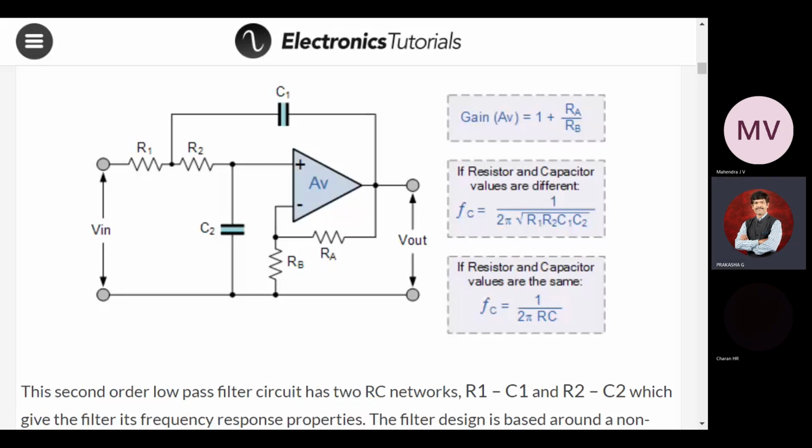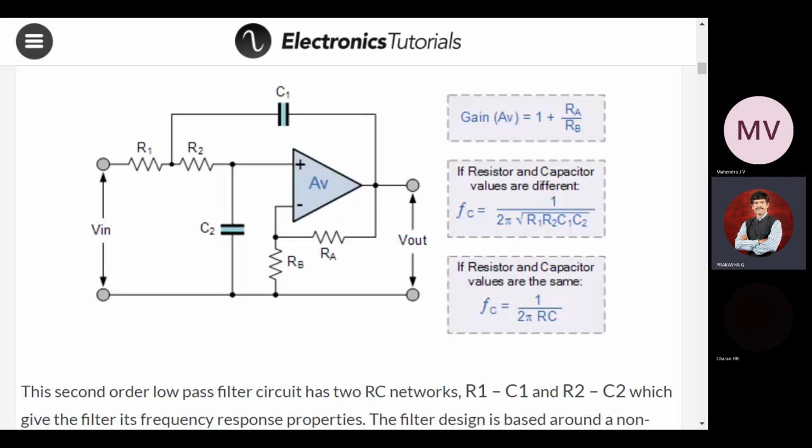This is the second order filter, where we will have two RC circuits. So how do we design the second order filter? The first step is to choose the value of the high cutoff frequency, that is FC or FH, whichever you call it. To simplify the design calculation, R1 and R2 should both be the same, so it will be easy for you to simplify.